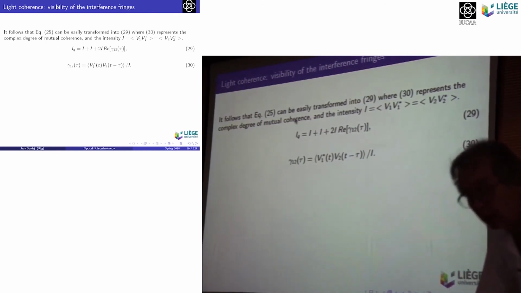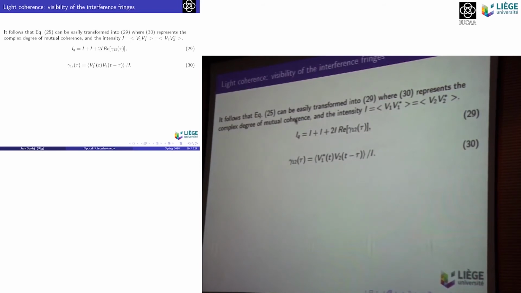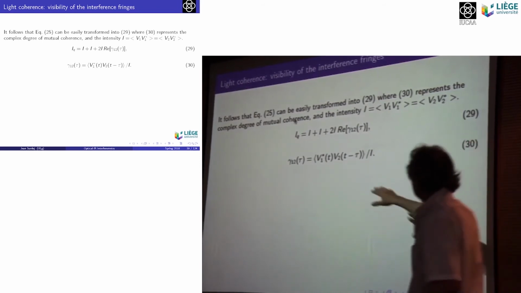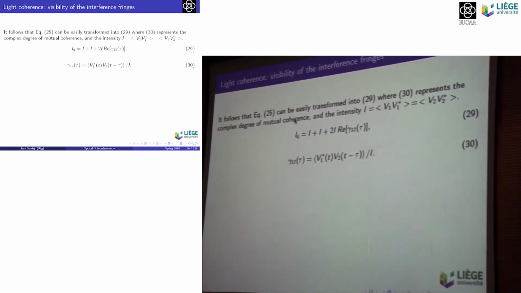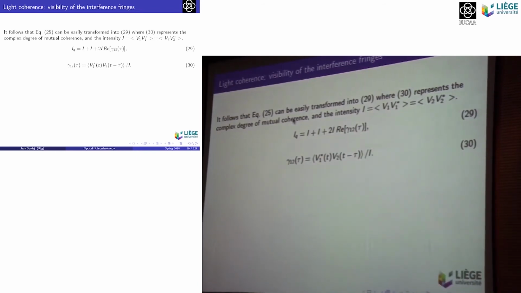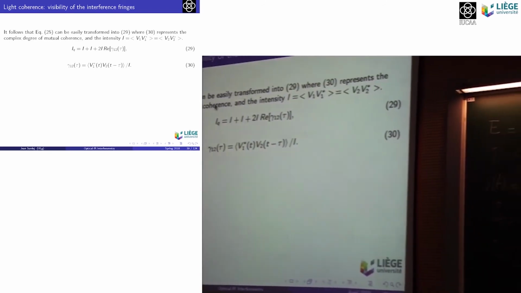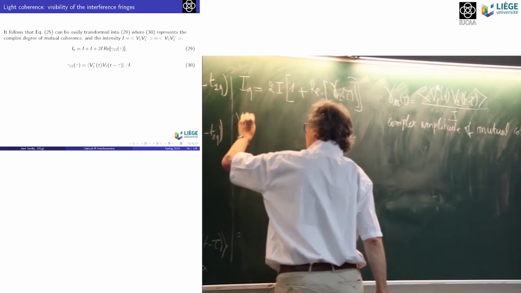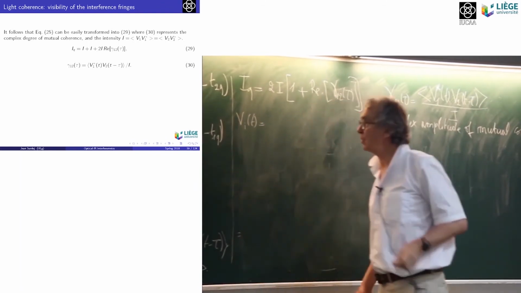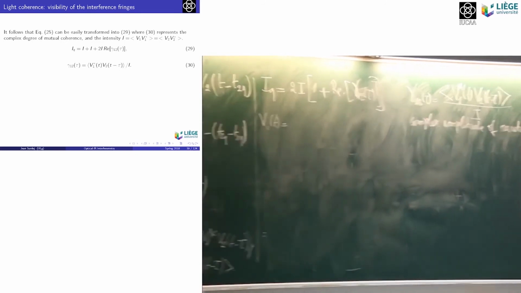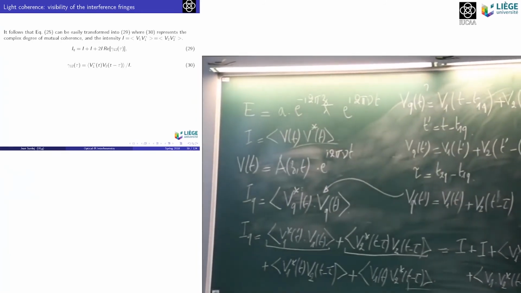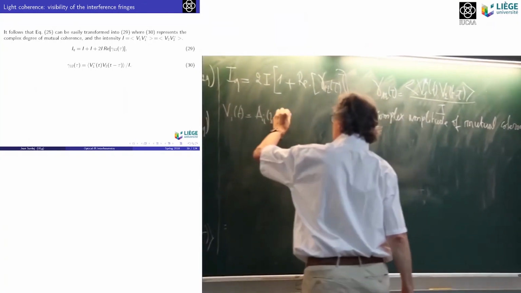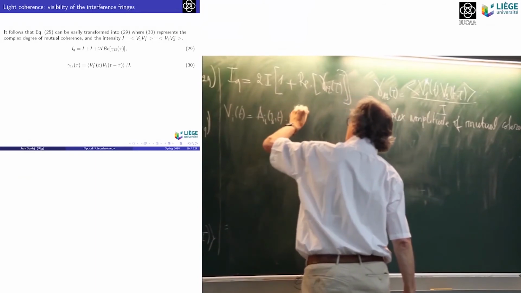Now, I should like still to simplify the expression accounting for this factor, and I shall proceed as follows. Well, I know that the expression of Vi as a function of t is equal to, so I make use of this expression, a complex amplitude multiplied by e to the i 2 pi nu t.